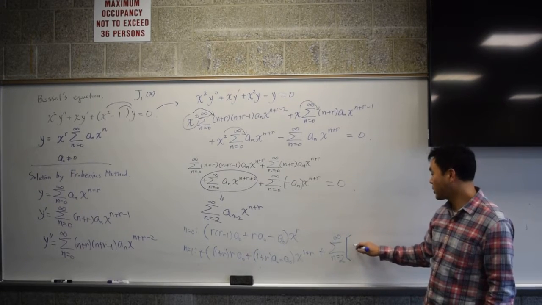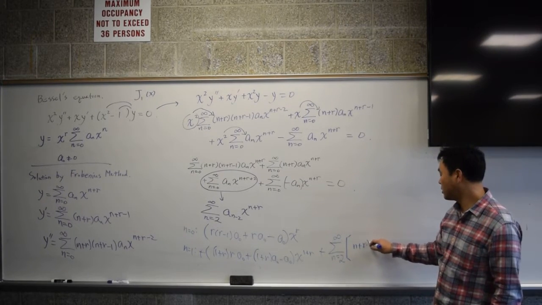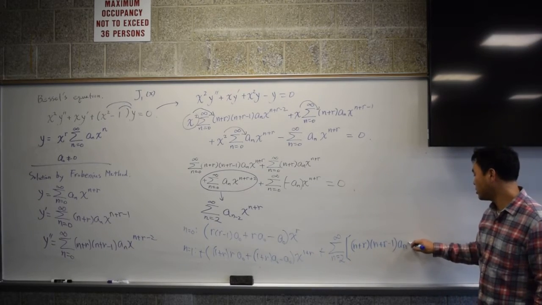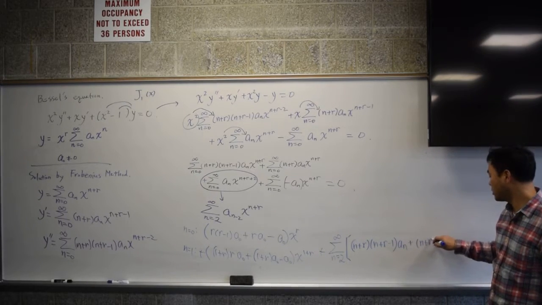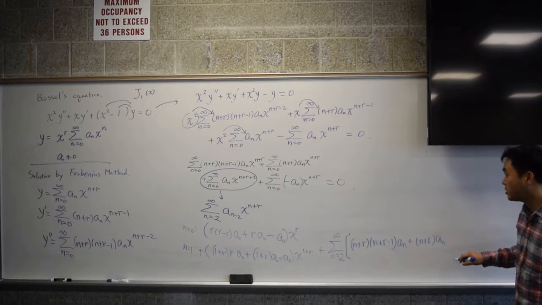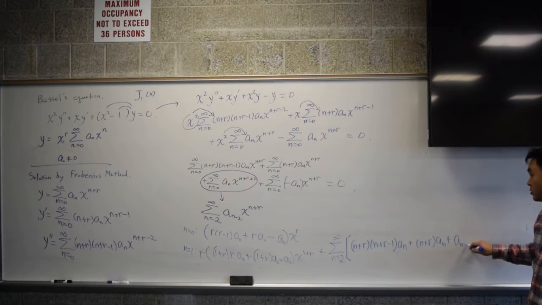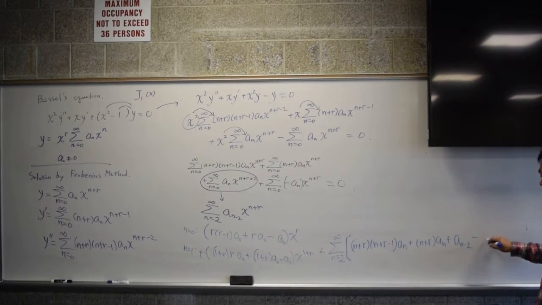So it's n plus r, n plus r minus 1, an, plus n plus r, an, plus an minus 2, minus an, x to the n plus r. All of this is equal to 0. Okay?